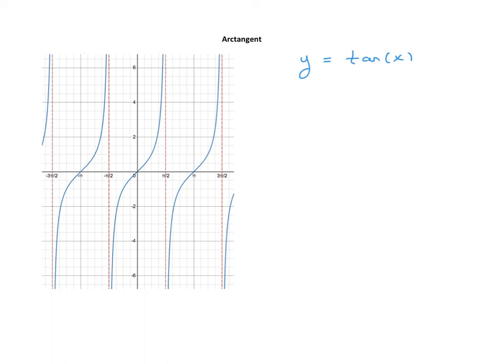The part of the graph that we will use for the inverse for tangent is this portion of the graph. This is everything from negative pi over 2 up to pi over 2. So it's a lot like sine, but the only difference is we cannot include either of these endpoints because tangent is not defined at those two places.